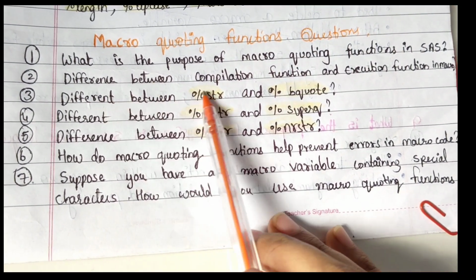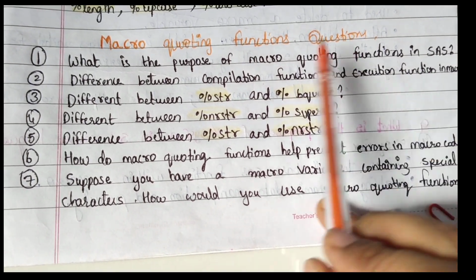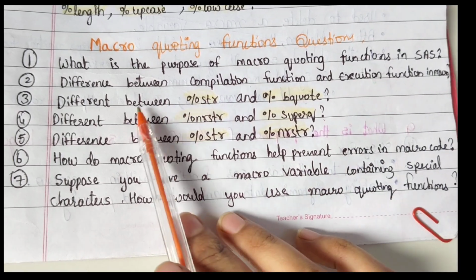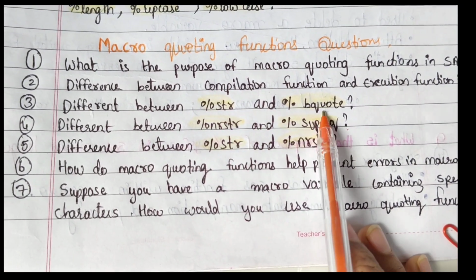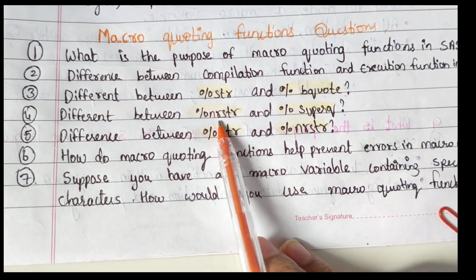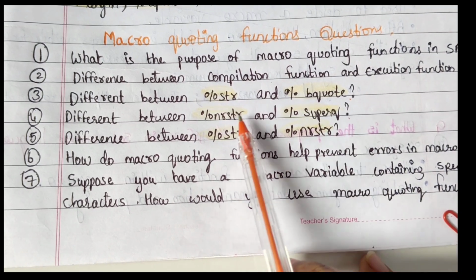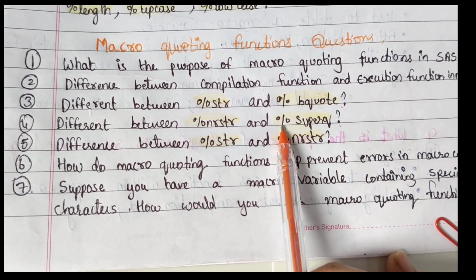Okay, next is difference between compilation functions and execution functions in macro. I have explained you the difference between compilation functions and execution functions, right? And difference between %str, %bquote, and difference between %nrstr and %superq. It is used during compilation phase, it is used during execution phase, you have to say.